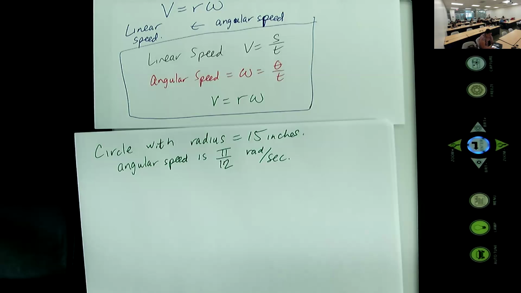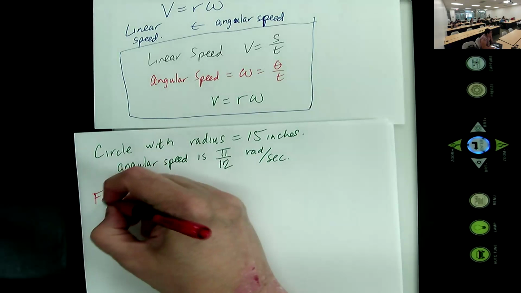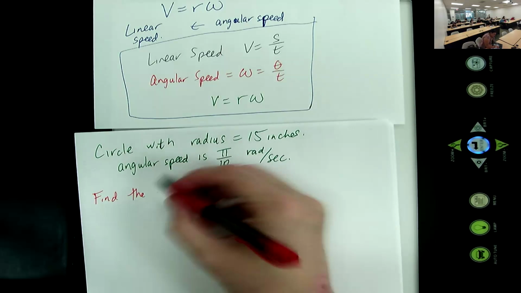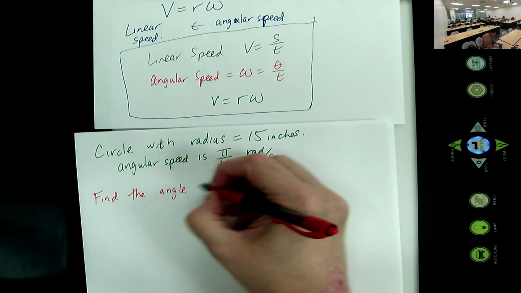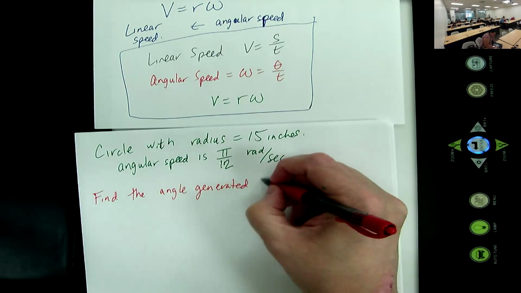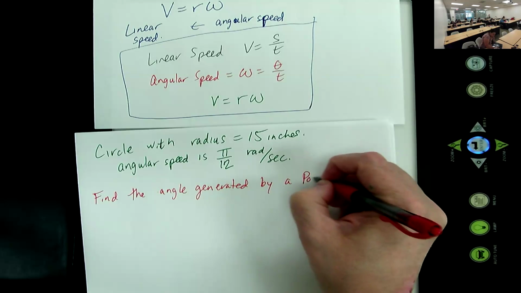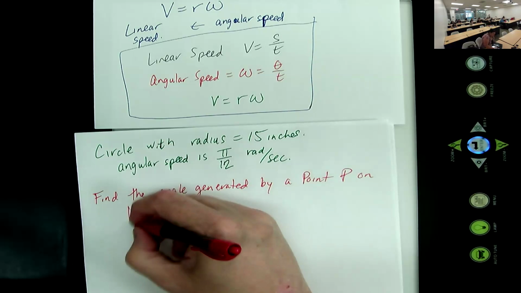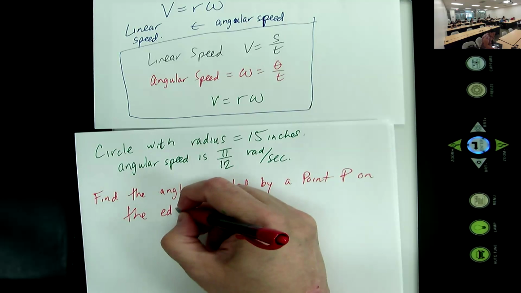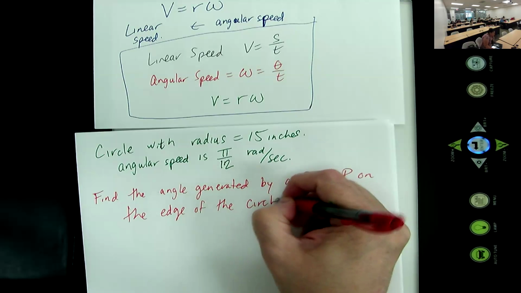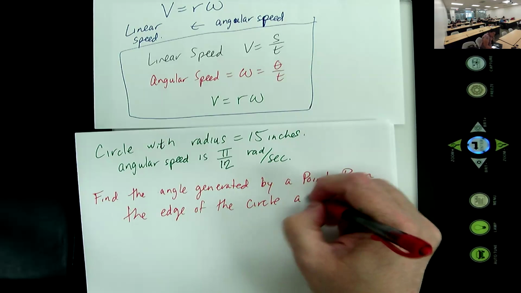Our first question will be: find the angle generated by a point P on the edge of the circle after 10 seconds.